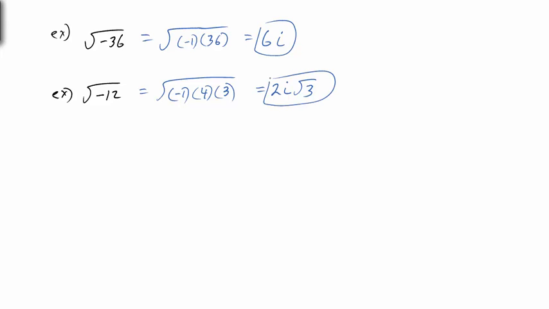Now, notation-wise, I want to point this out. Anytime that I have a square root as part of my answer, I will put the i in front of the square root, just like I put the number 2 in front of the square root. If you look on your quizzes or your test or in a lot of your math textbooks, they would write the answer as 2 square root of 3 i.